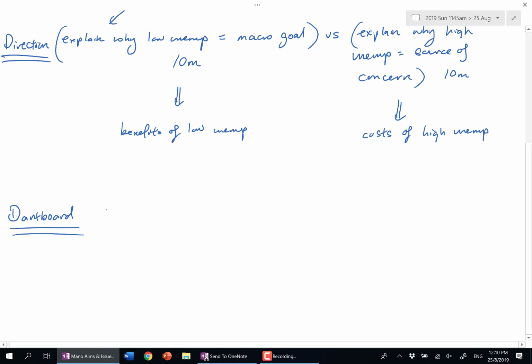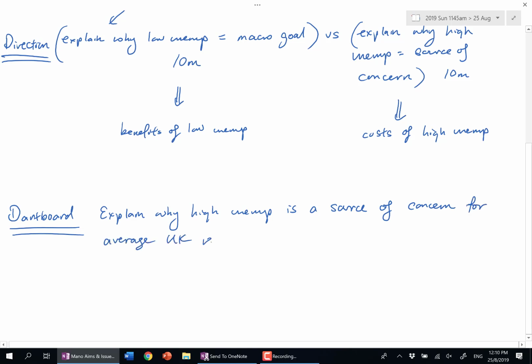There was an NJ paper where students were asked to explain why high unemployment is a source of concern for the average UK resident.